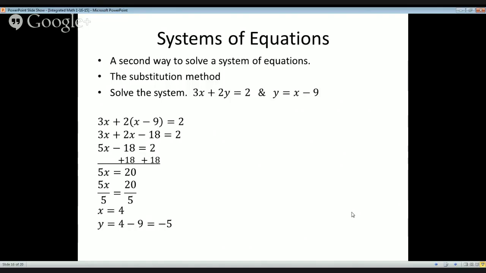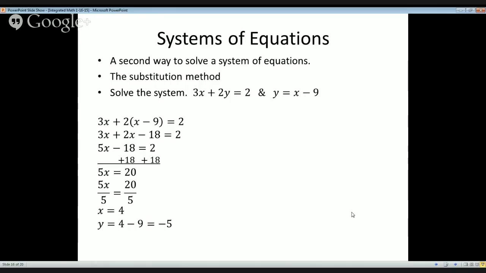So instead of saying 3x plus 2y equals 2, I put 3x plus 2 times (x minus 9) equals 2, because if you look back up at the top, the second equation says y has a value of x minus 9. It's exactly the same as if I was putting a number in, just a single number. Sometimes we would say y equals 5, and we put 5 in place of the y. We're doing the same thing now, except we're using an expression in place of the y. And then I just worked through and I solved the equation, as you can see.